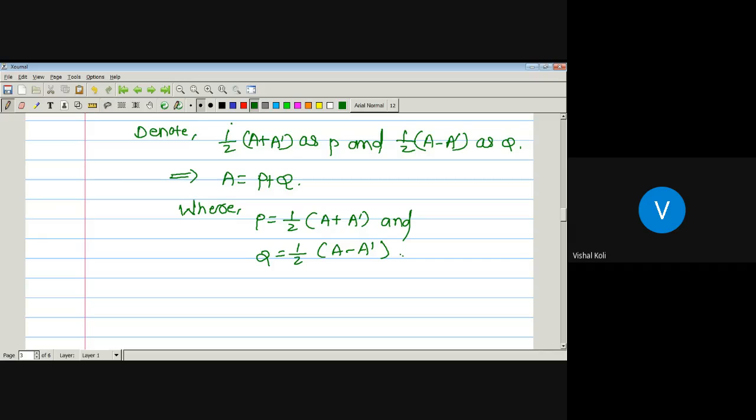Now, if we prove that one among P and Q is symmetric and the other is skew symmetric, then our result will be obviously true. So we just have to check the conditions of symmetric and skew symmetric matrices.